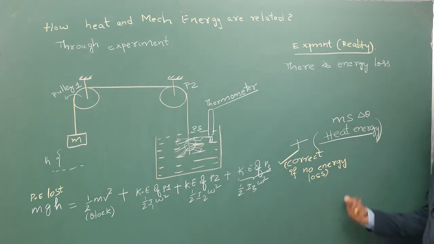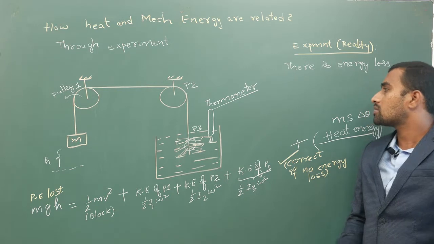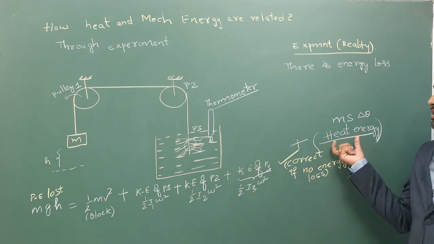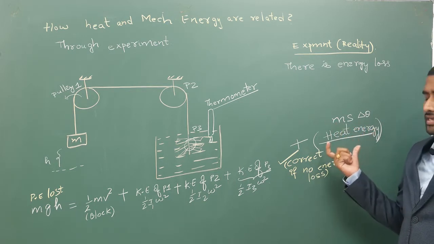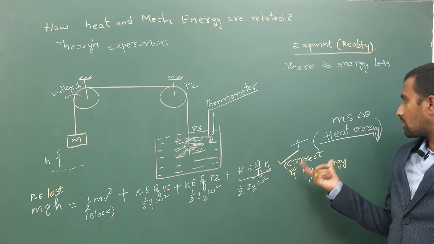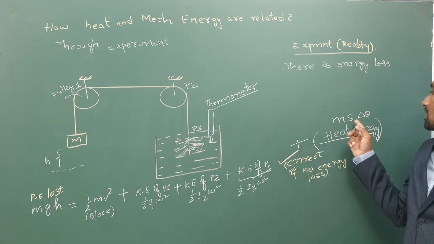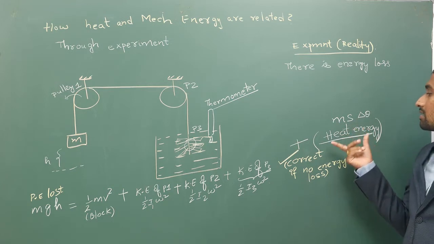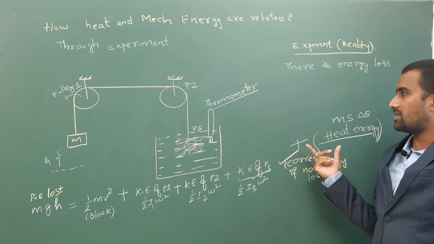This is not done by me, I am telling you as an example, but this extra term is your heat energy. You can measure the temperature difference, where s is specific heat and m is mass. We will see about it later, but this is your experimental observation.